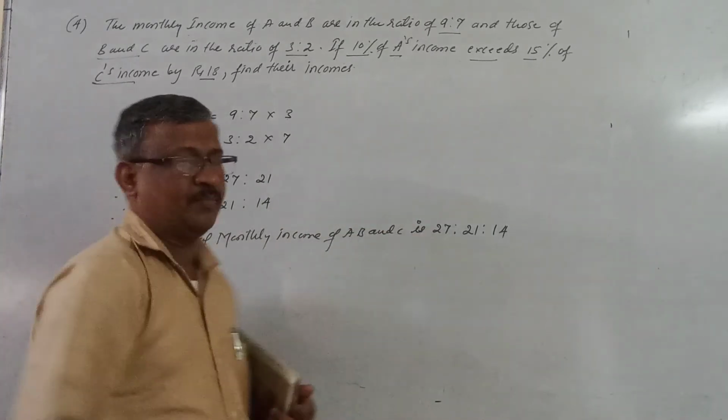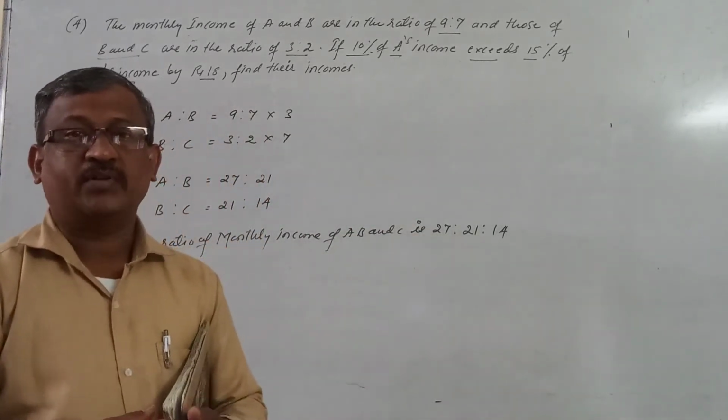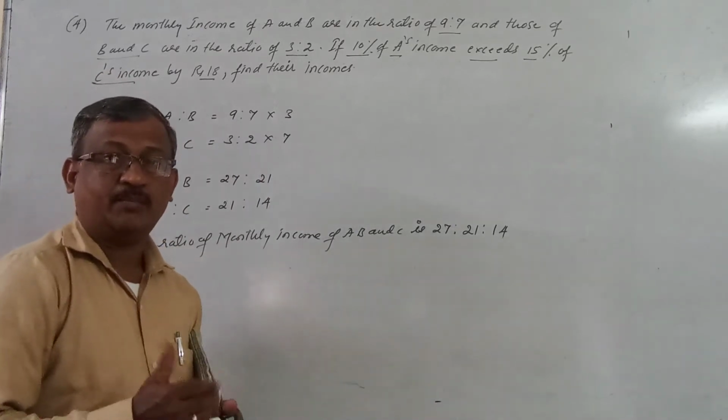Now this is the ratio, remember? What I want is the actual income. What is the actual income of A, B and C?